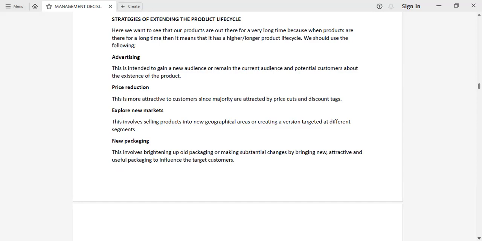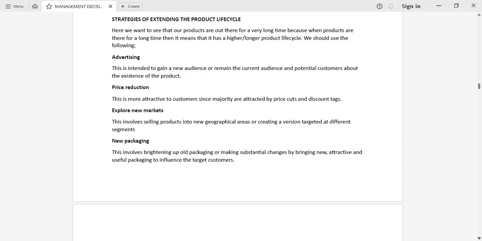So it's also a new strategy whereby you can add in some new changes, some new features that can influence the target customers to come and buy the product.